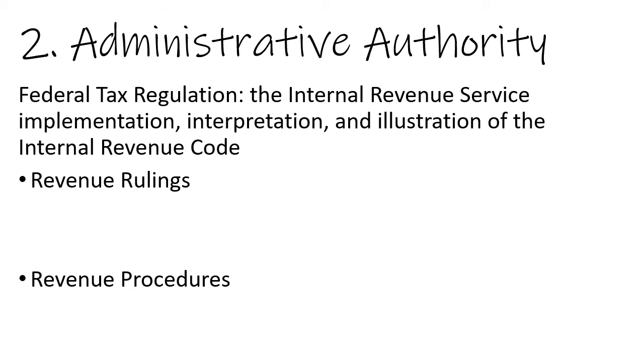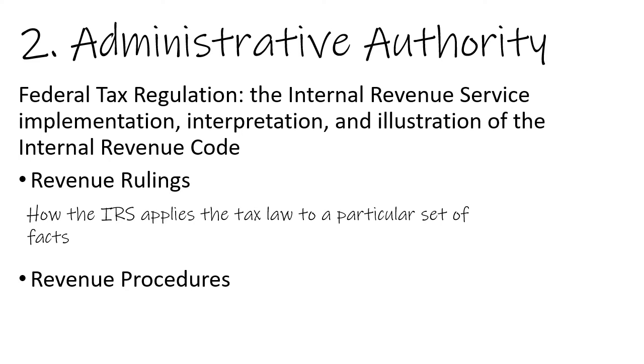These take two forms. A revenue ruling comes from a tax code stipulation that is called into question. The IRS reviews the tax law as it applies to a particular set of facts and determines what they believe the tax liability should be in that condition.